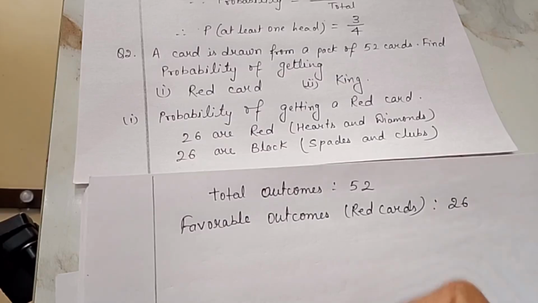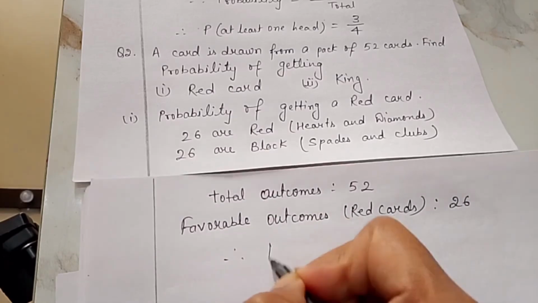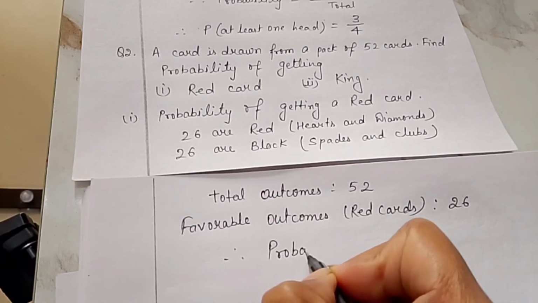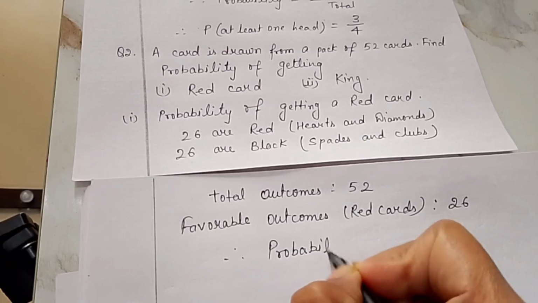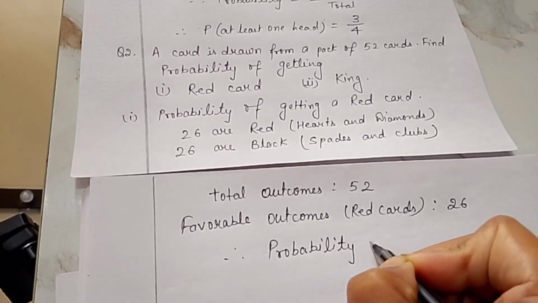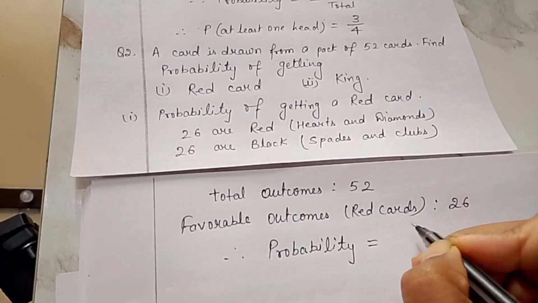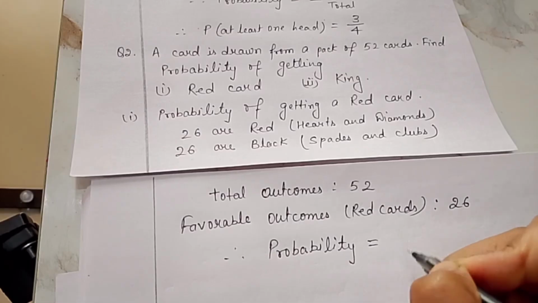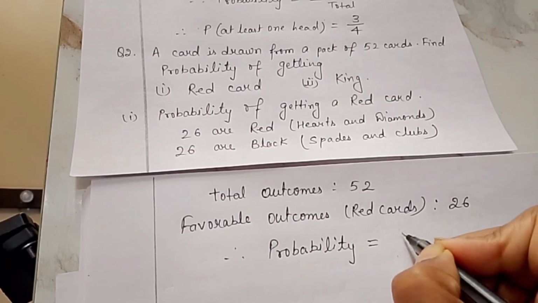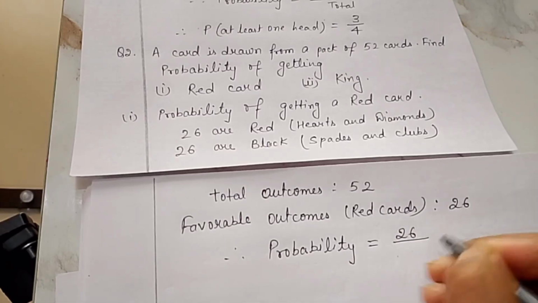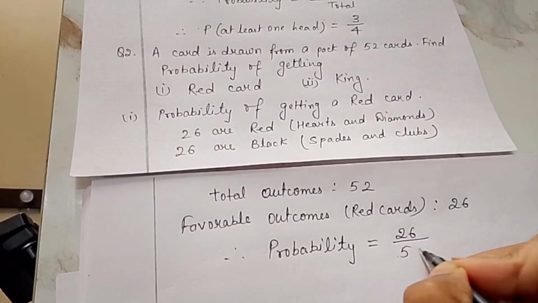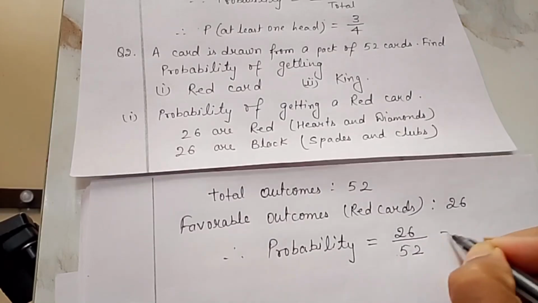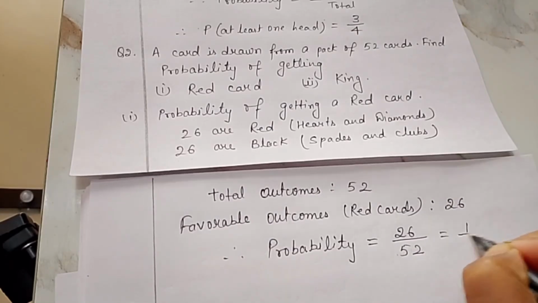Therefore, probability is equal to favorable outcomes divided by total outcomes. 26 divided by 52. When we simplify, we'll get 1 by 2.